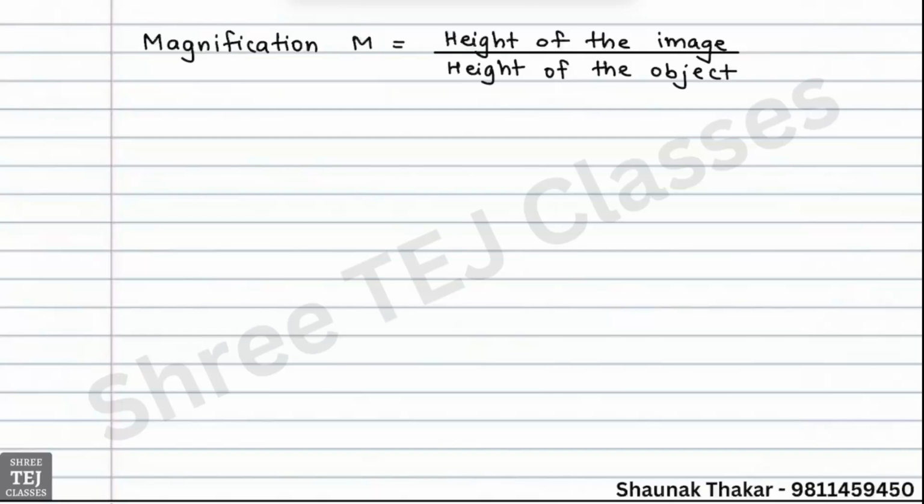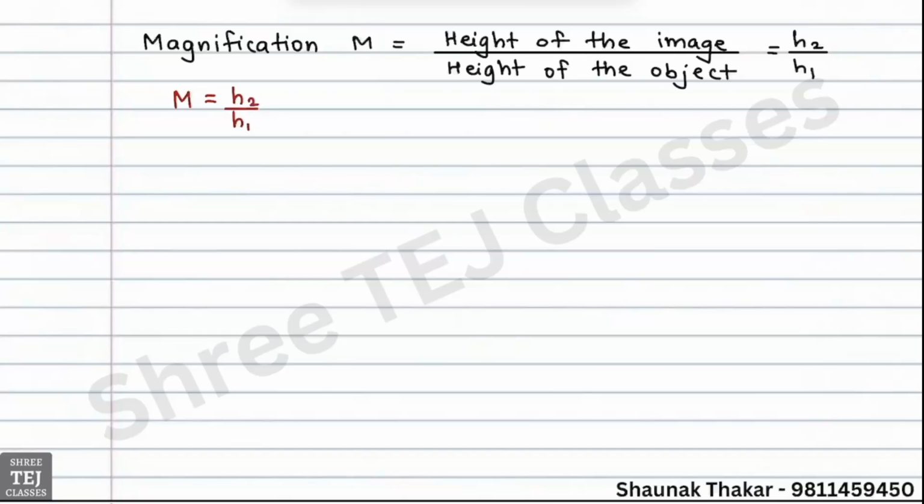So, we compare the heights of image and object. Now, height of the image is denoted by symbol h2 and height of the object is denoted by symbol h1. So, we get magnification is equal to h2 upon h1.